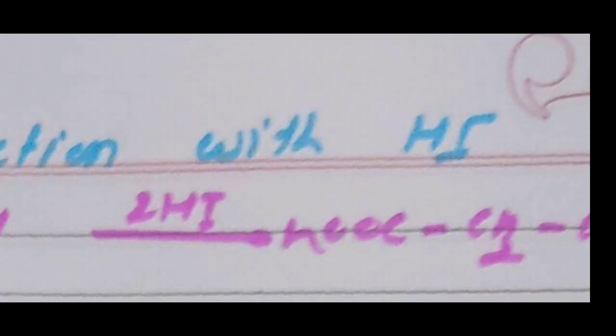Then further we study the third reaction, that is reaction with HI. When malic acid is treated with HI, hydroiodic acid, it reduces malic acid and gives succinic acid. Therefore I am showing the structure here.